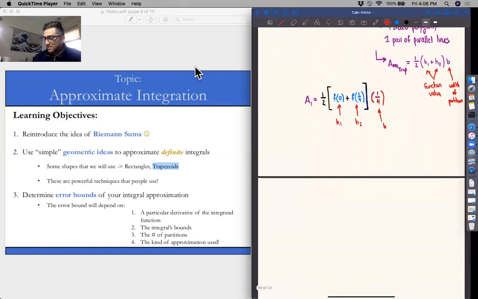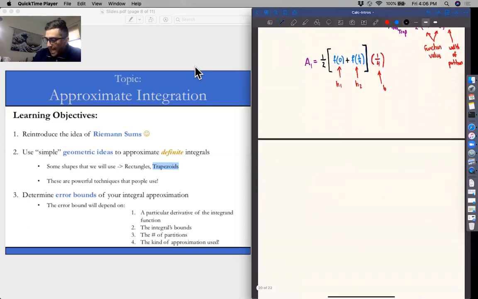So just to make this a little more explicit, when we have our definite integral between 0 and 1 of f of x, we're really saying that this definite integral is approximately equal to the area of these 4 trapezoids being added together.